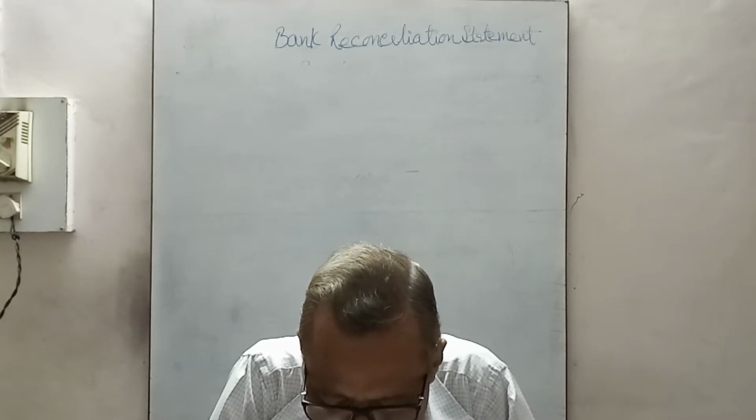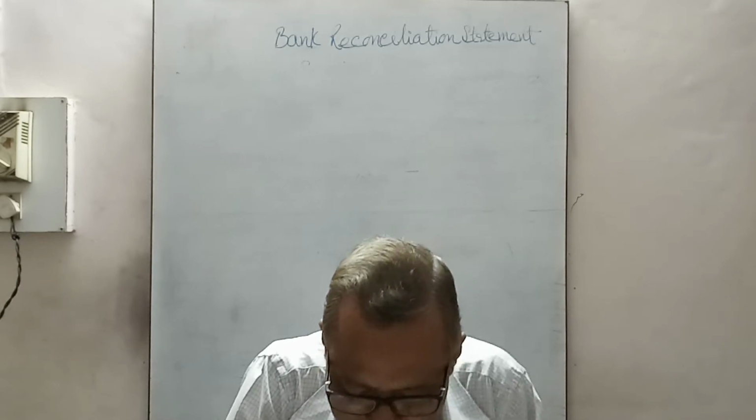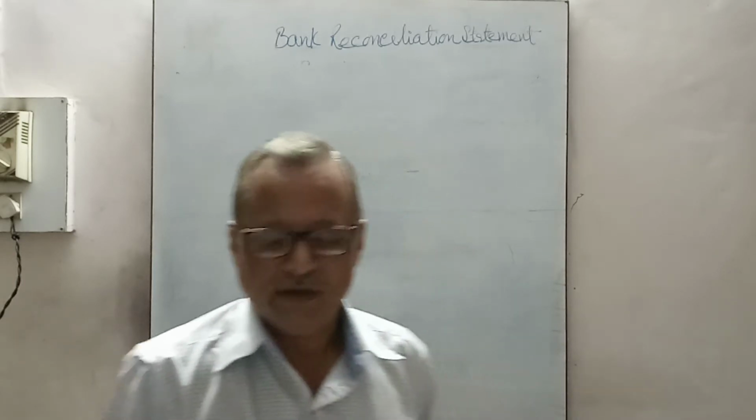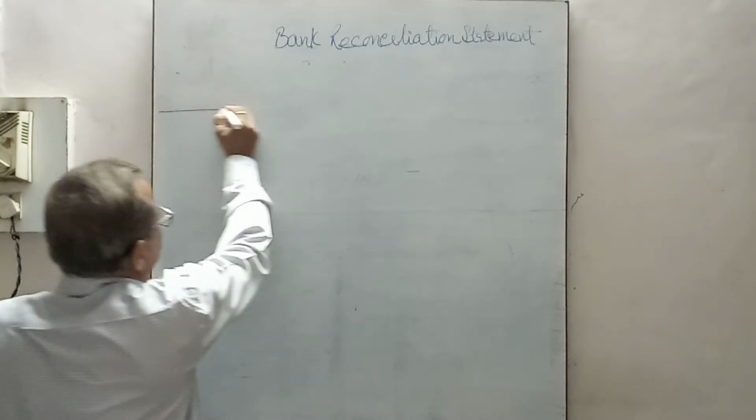No entry has been made in the cash book to record the dishonor on March 15 2018 of a check rupees 650 received from one. Now see the preparation of the reconciliation statement.